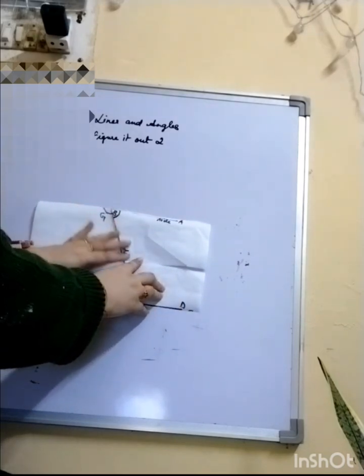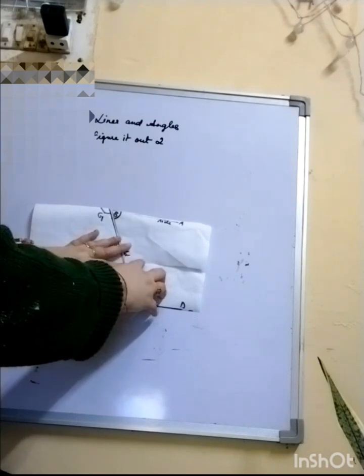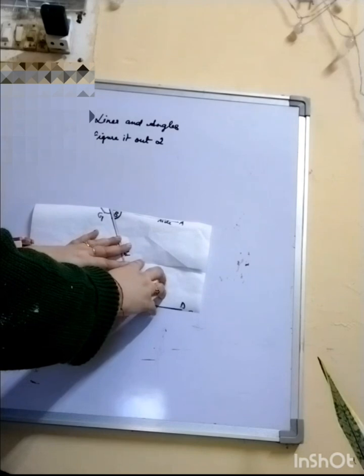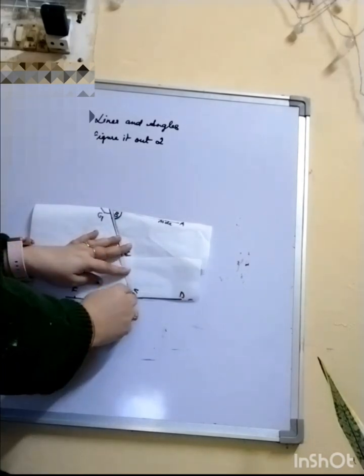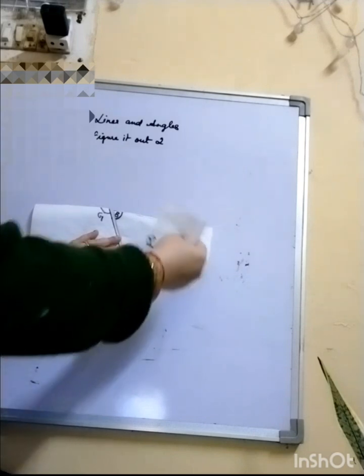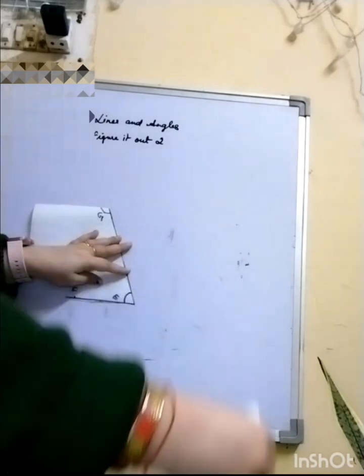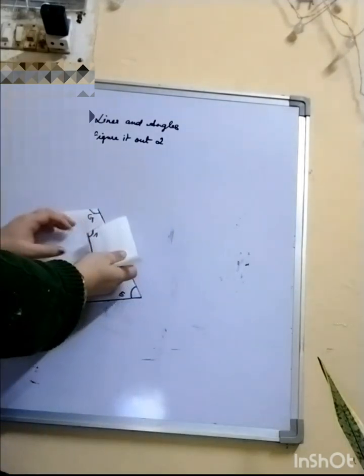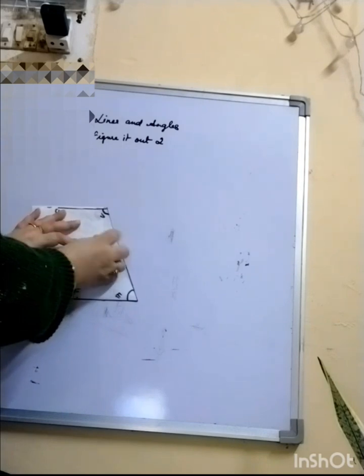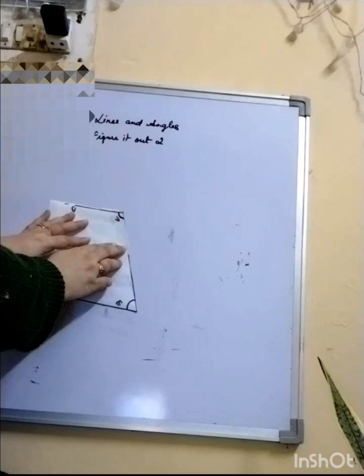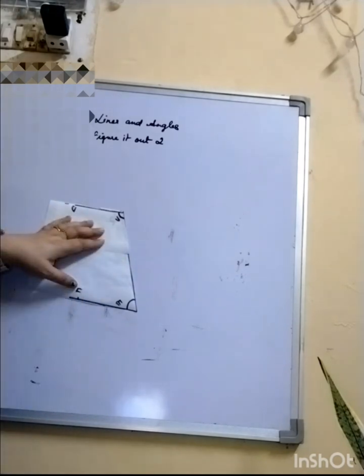So what you are going to get is that if I compare this angle C here and this angle G here, we will see that the two angles are the same.